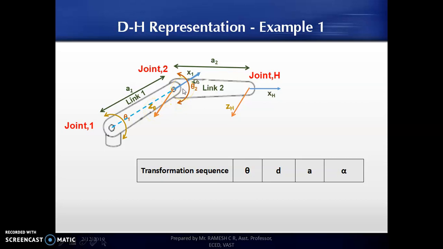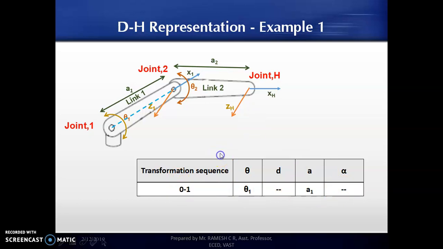Both the x and z axes have been aligned, so there is no need for further transformations. So what is the sequence of transformations between joint 1 and joint 2? First, I rotate about the z axis by an angle of theta 1. Then I translate in the x direction by a distance of a1. So for the transformation from 0 to 1, I need only these two parameters.